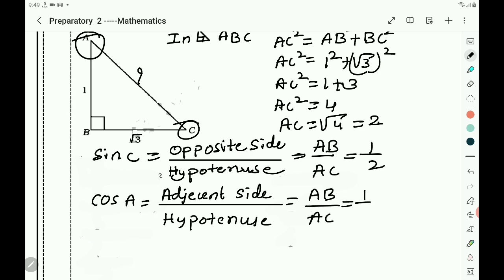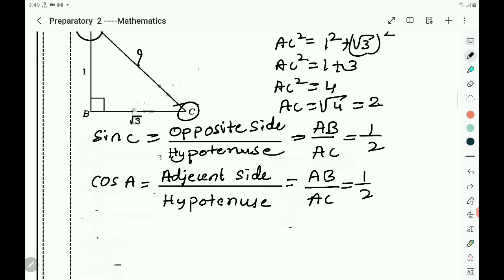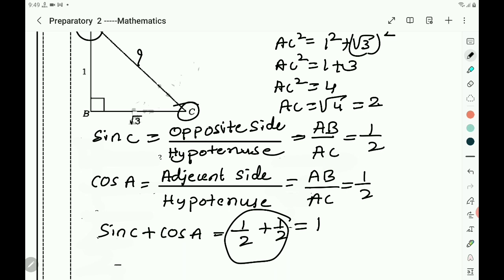Again it is 1 by 2. AB by AC only you got. Both are same here. Then sin C plus cos A equals 1 by 2 plus 1 by 2 is equals to what? 1. Half plus half equals 1.